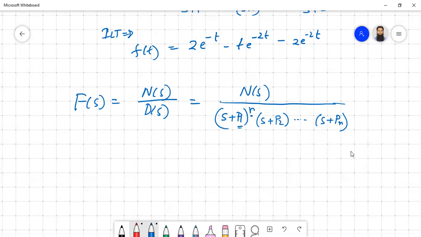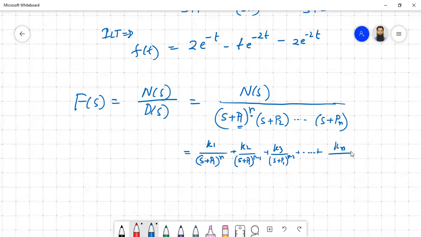We have to find the partial fraction in a way like this. Say K1/(s+p1)^r + K2/(s+p1)^(r−1) + K3/(s+p1)^(r−2), and it goes up to Kr/(s+p1). Then the rest of them will come as they are.